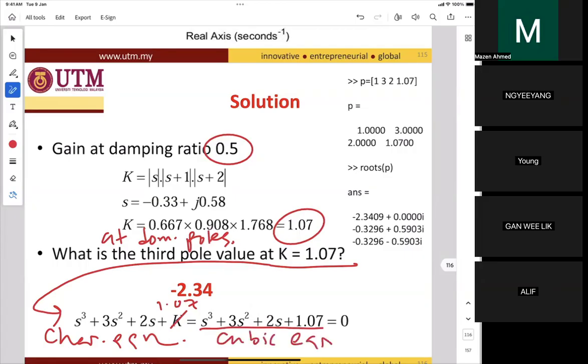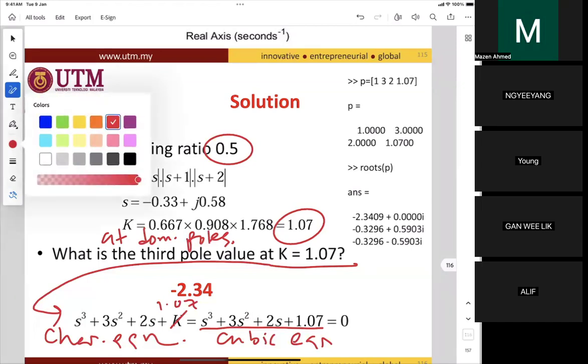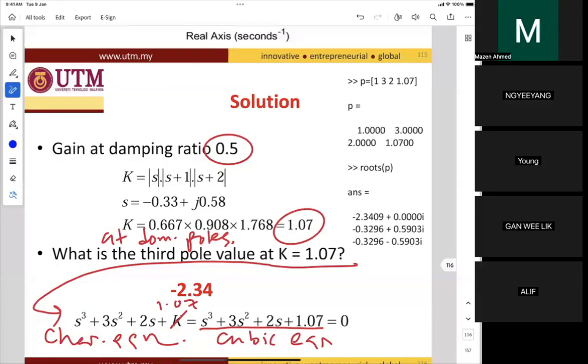Cubic equation. We want to find the third pole at K equal to 1.07. When you press calculator, what are the roots that you will get?